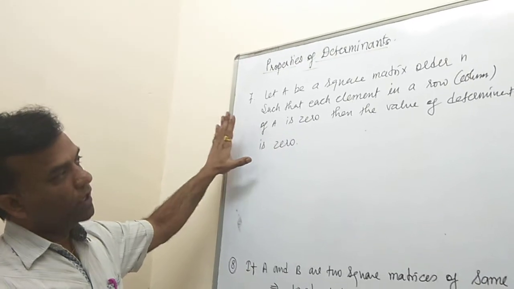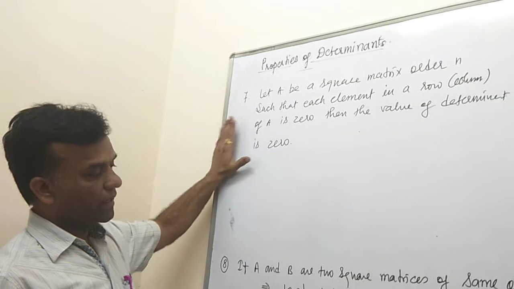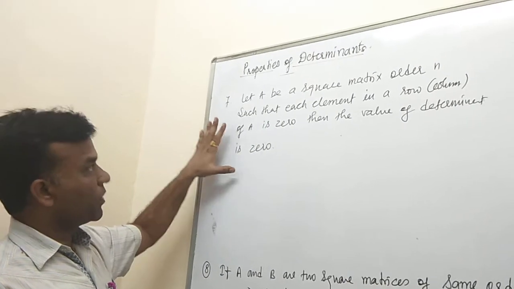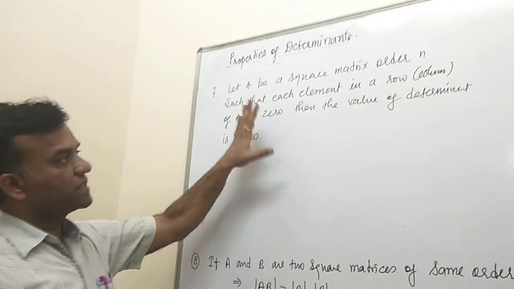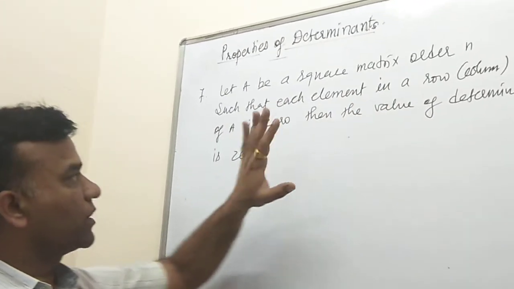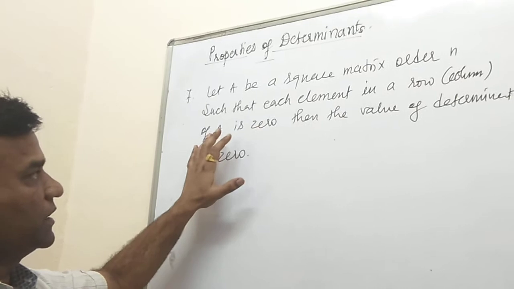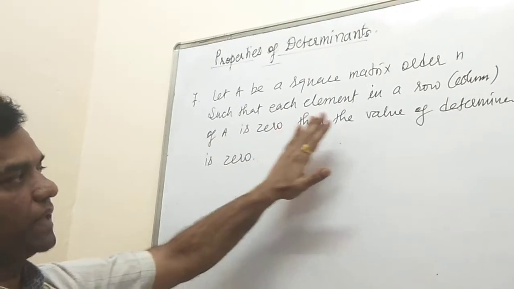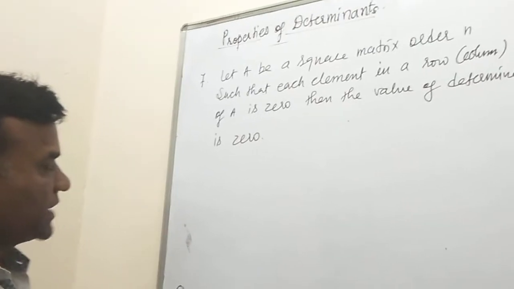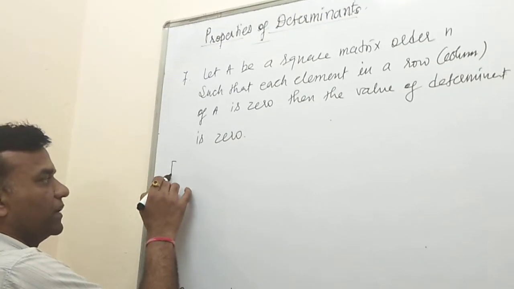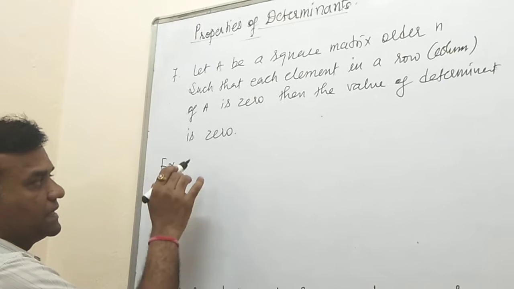Now we have the seventh property, the second last property. Let A be a square matrix of order n such that each element in a row or column of matrix A is 0, then the value of the determinant is 0. For example, this property is very easy.